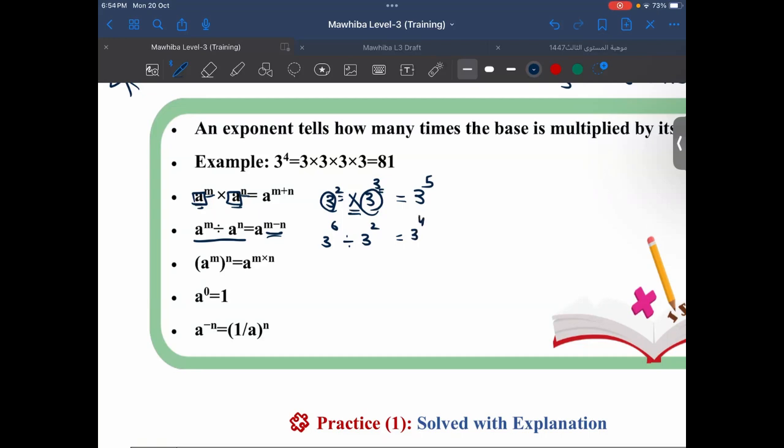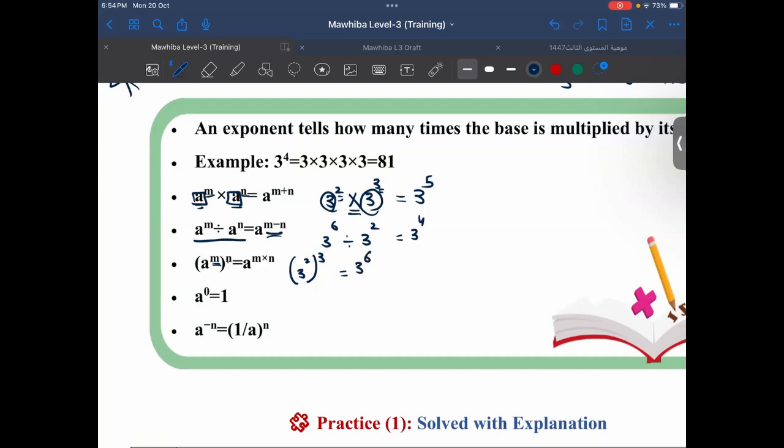Excellent. And then the next one: a base with an exponent that already has another exponent on it, like 3 to the power of 2, all to the power of 3. What is it going to be? 3 to the power of 6. We multiply them. Excellent.